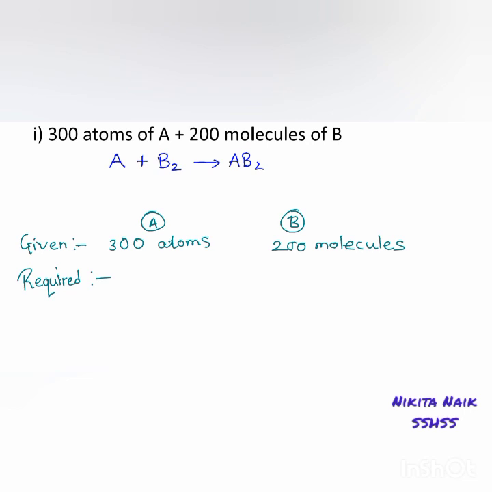As per the balanced equation, we have the general equation over here. This is a balanced equation, that is A plus B2 giving us the product AB2. As we can see from here, one atom of A is reacting with B2, which is a molecule.